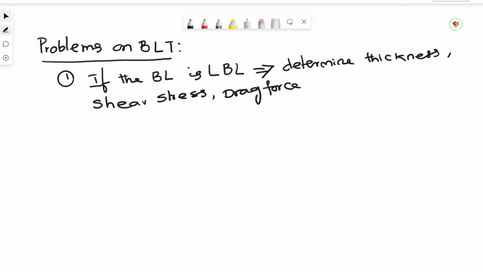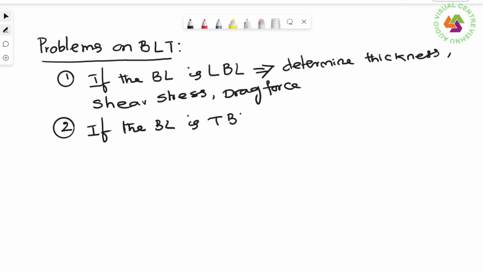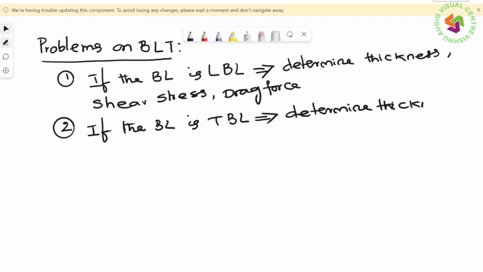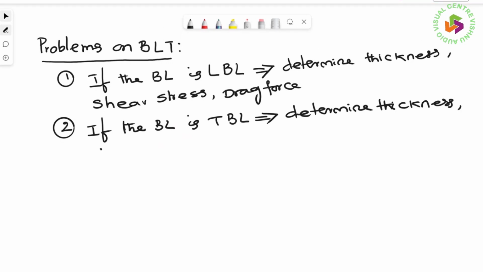The second type of problem is if the boundary layer is a turbulent boundary layer, then determine thickness, shear stress, drag force.